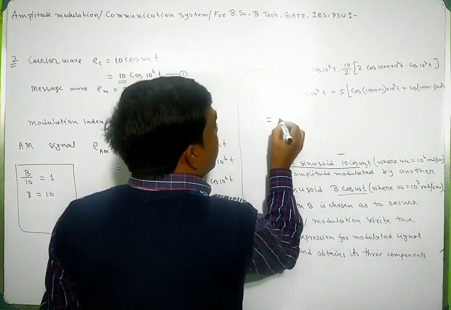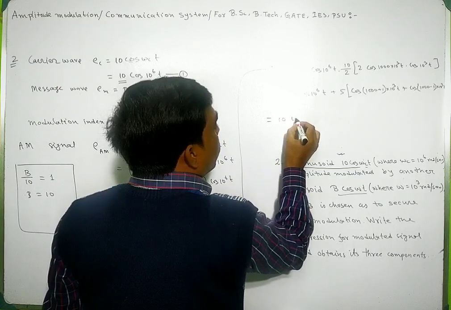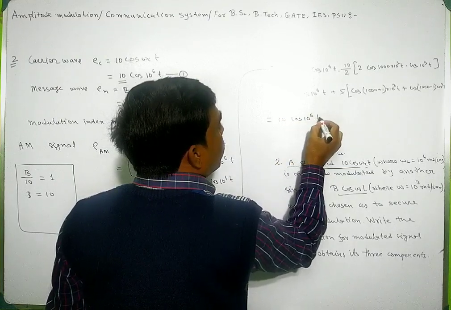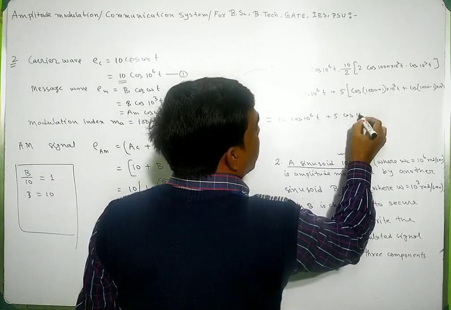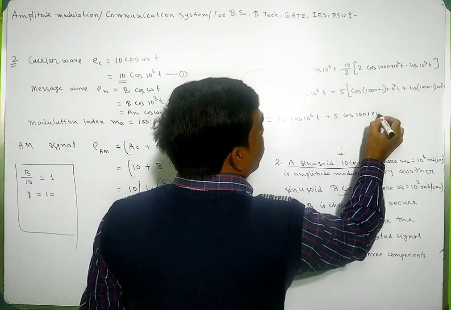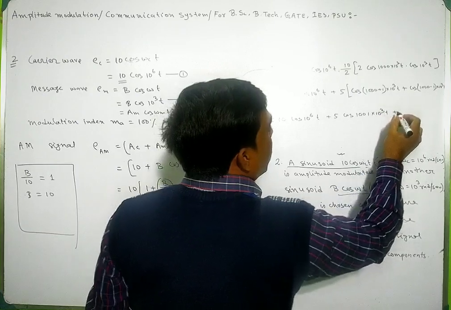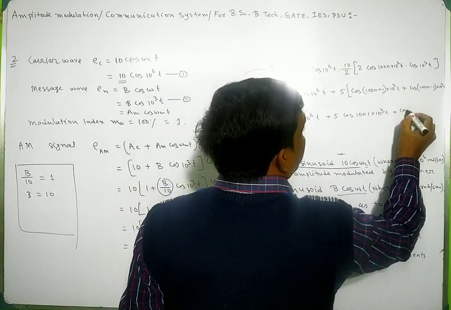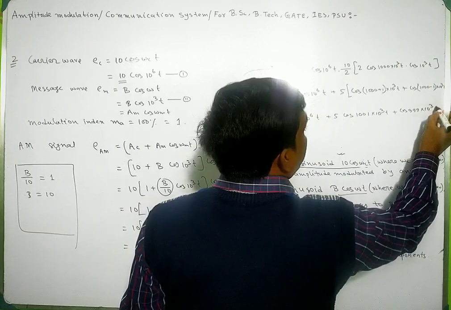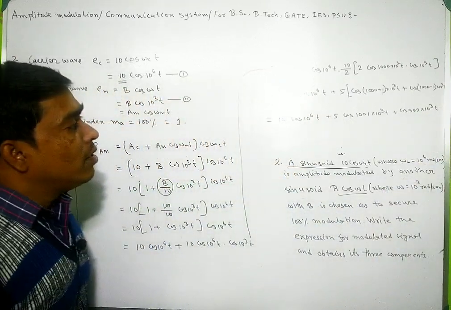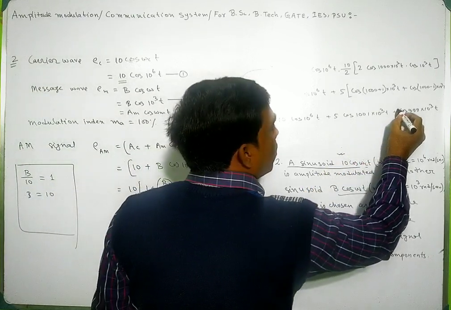So it will be 10 cos 10 to the power 6t plus 5 cos (1001 into 10 to the power 3)t plus 5 cos (999 into 10 to the power 3)t.